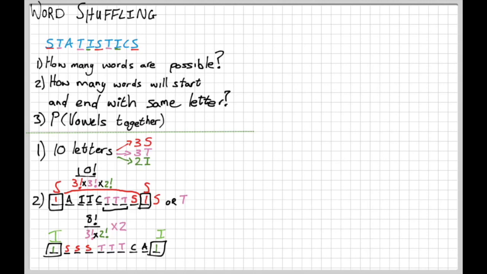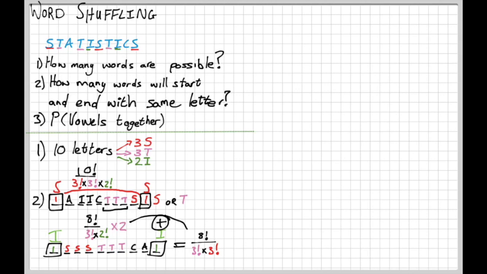What is important is the middle part, because this middle part is now going to be 8 factorial, because there are 8 options in the middle, but I've got 3 T's and 3 S's that repeat themselves. So to get the total number of possibilities, because again it's this or that, it means I'm going to add them together. Let's see if you can get that right answer. Before I end off this video, I promise you I'll show you the right answer.